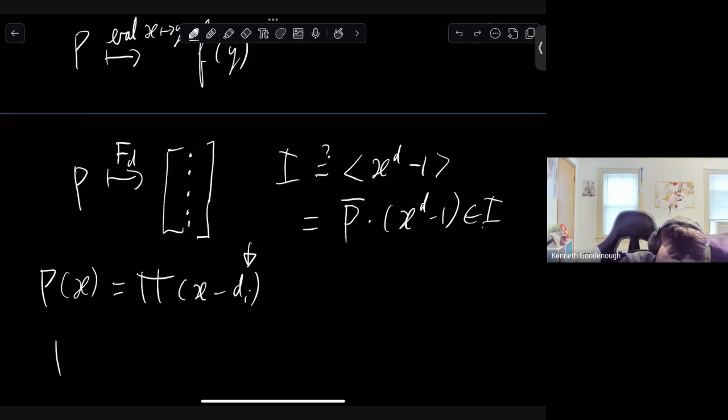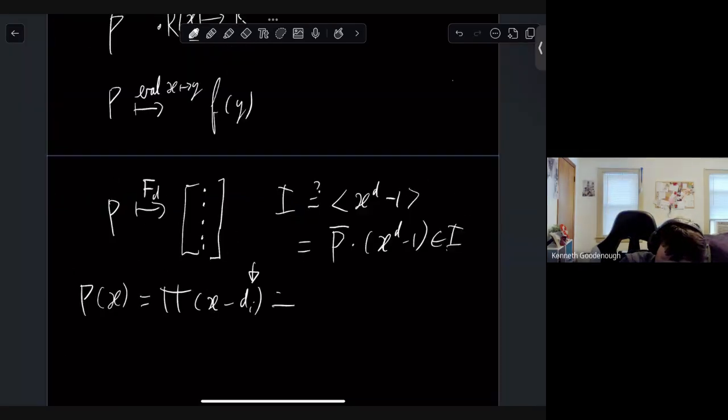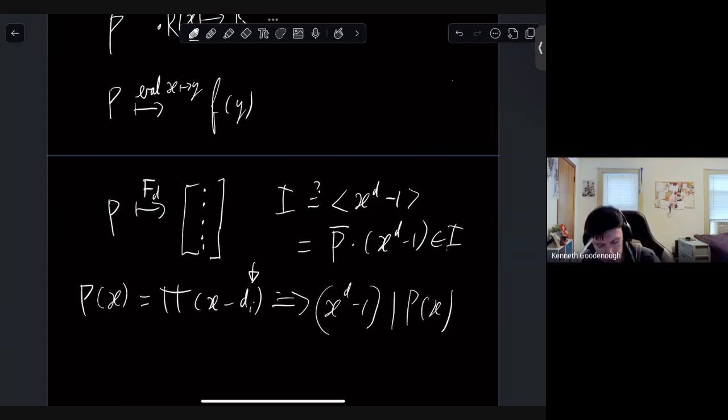So this really means that x to the power d minus 1 really divides p of x. Okay, so that's good news. That's one thing I wanted to check.